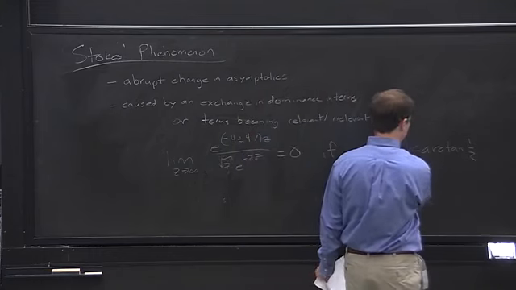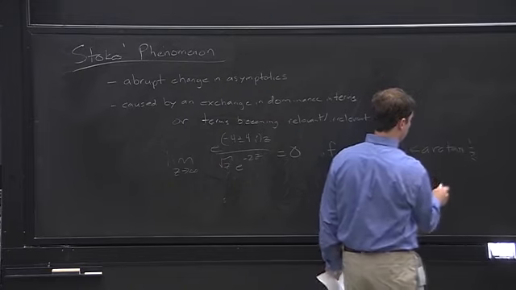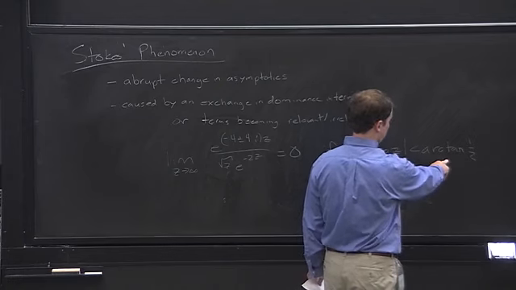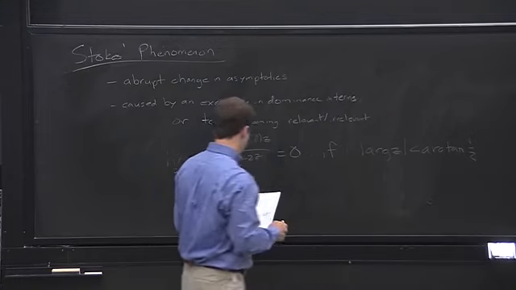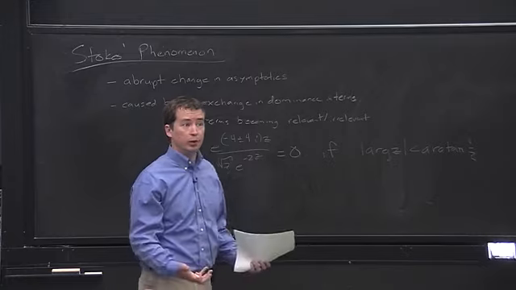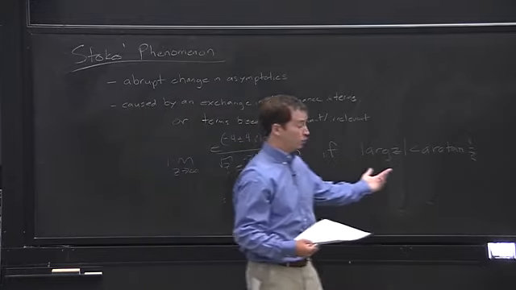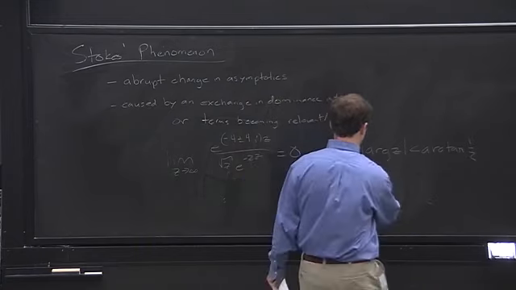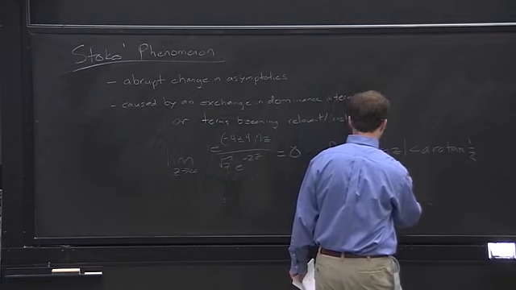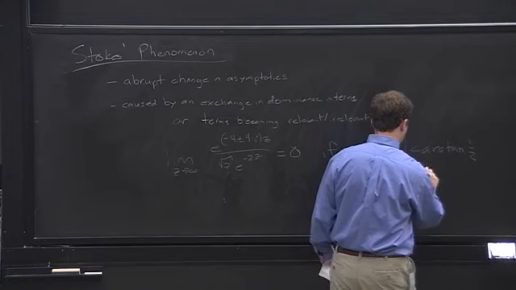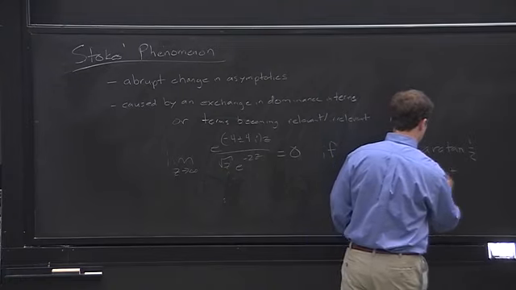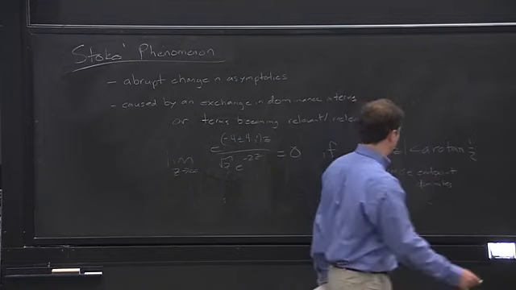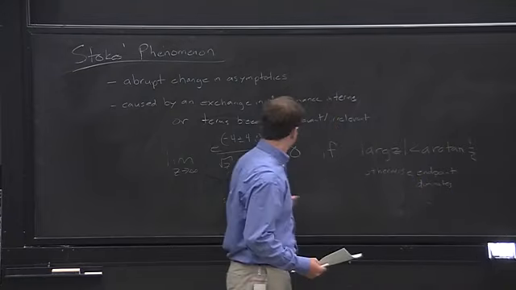So as long as z goes to infinity with a phase that's less than the arctan of a half, the saddle point dominates. But if this inequality is violated, the endpoint will dominate. So that's one possible change.